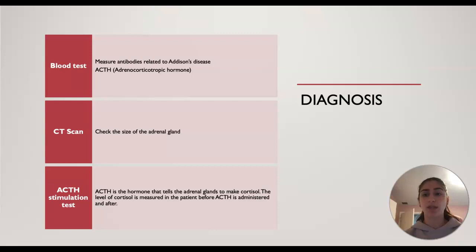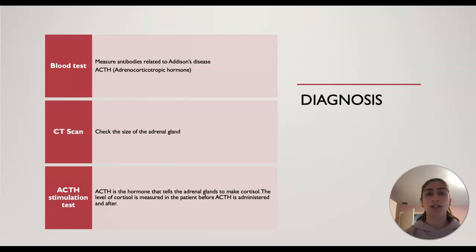Next, we have the different ways to diagnose Addison's disease. So we have a blood test, and a blood test can either measure the antibodies related to Addison's disease, or it can measure the amount of ACTH, which is also known as adrenocorticotropic hormone. There's also a CT scan to check the size of the adrenal gland.